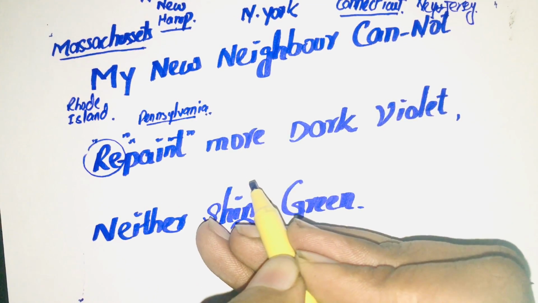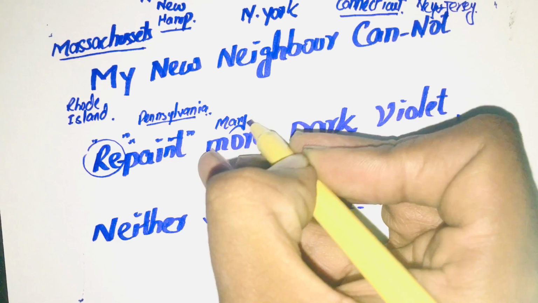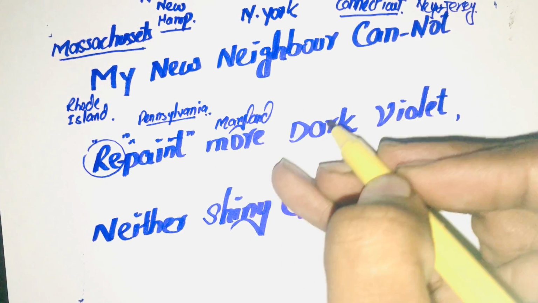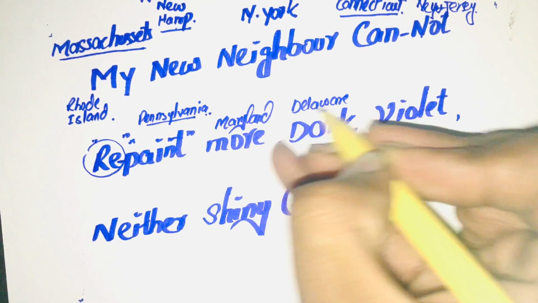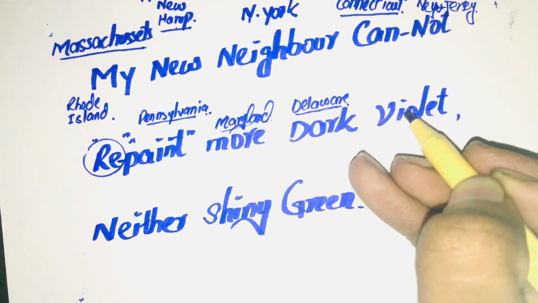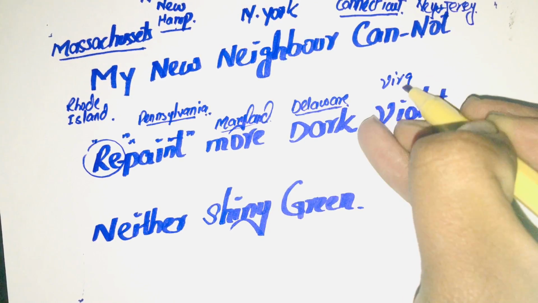And for more, write Maryland. These are such beautiful names of US colonies. Dark, Delaware. And for violet, you have to write Virginia.